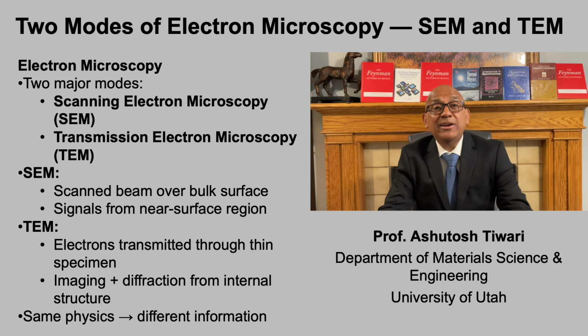Although SEM and TEM rely on the same underlying physics, the wave nature of electrons and their interactions with matter, they are designed to extract very different kinds of information. Together, they form complementary tools for understanding materials across multiple length scales.